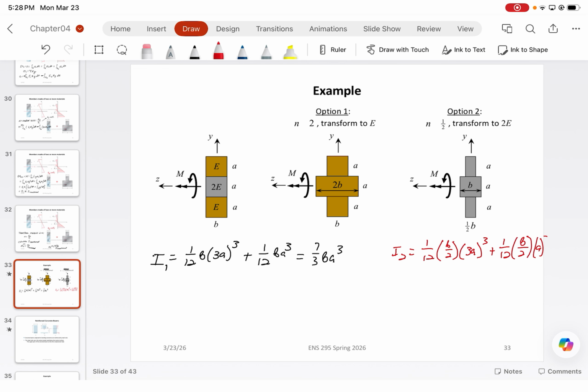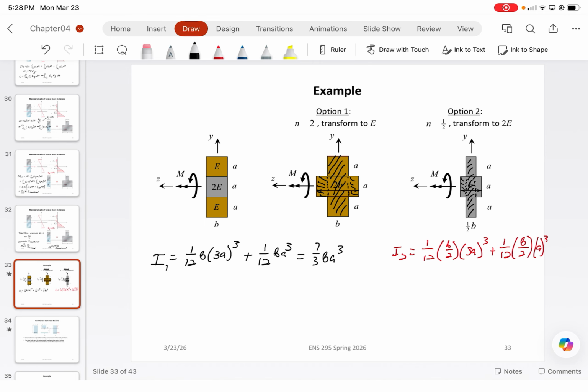Basically, what we're doing is solving it just like this. This is all one block. This is all another block. Similar here. This is all just one block right here. And then this is that other block.